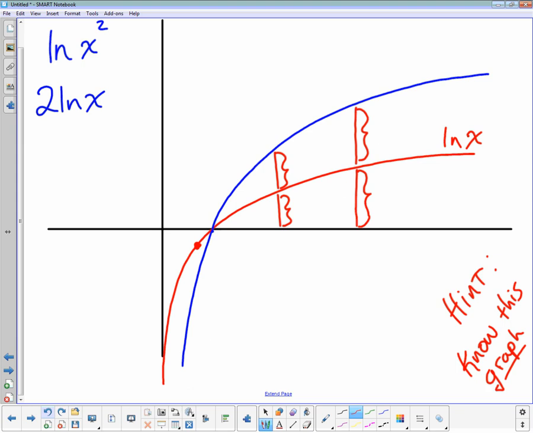All right. Now, domain and range. What is the domain of the red curve? Domain is x is greater than 0. X element of the real numbers such that x is greater than 0.